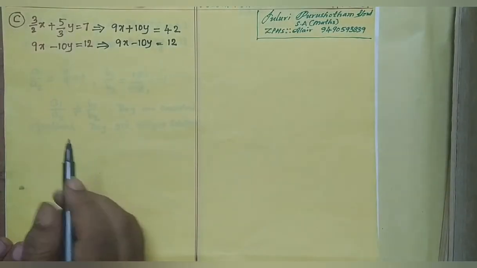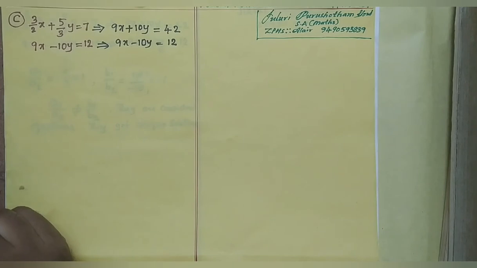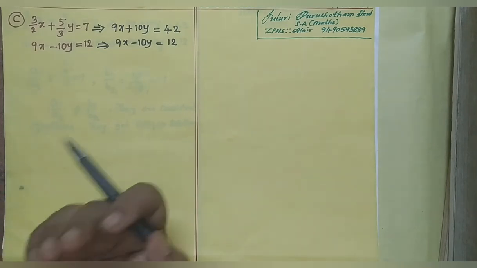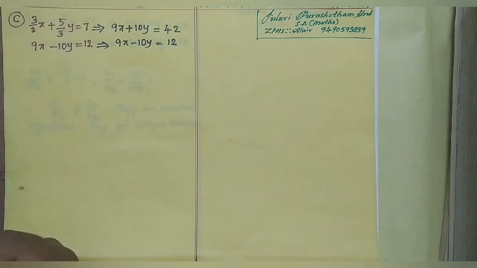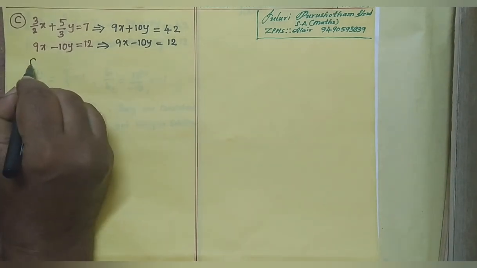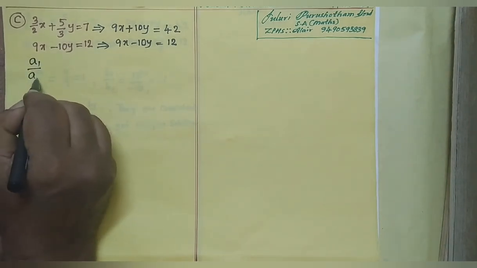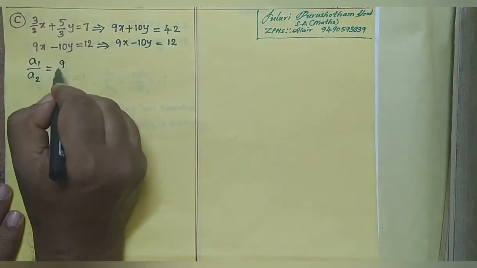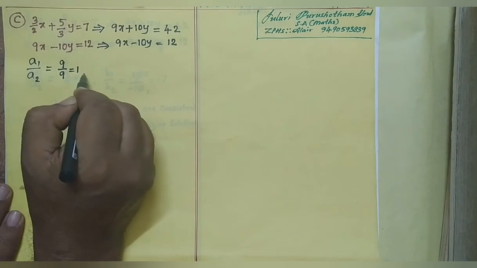First of all, for this pair of linear equations in two variables, we have to justify whether these two are consistent or inconsistent equations. How? We take a1 by a2, which is 9 by 9, equal to 1.